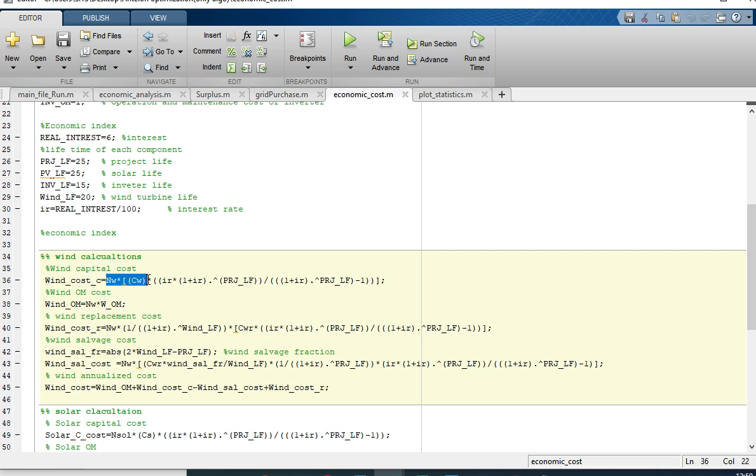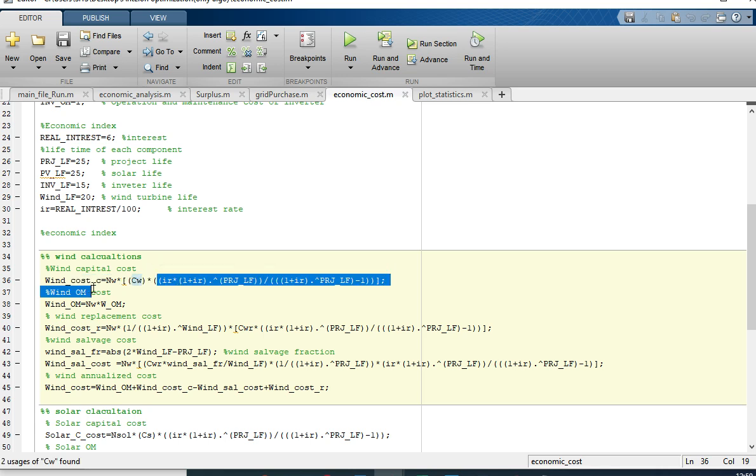As we are calculating annualized cost to calculate the cost of energy, we will multiply it by a capital recovery factor. So what's the capital recovery factor? It converts the whole price, the net present cost of any component, to the annualized fraction.